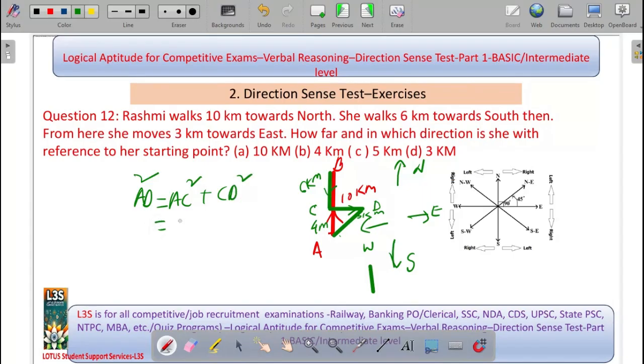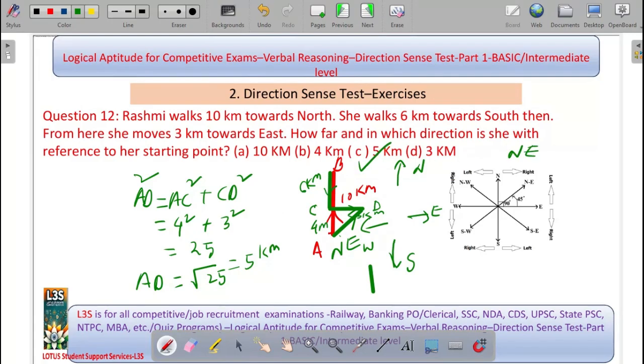So AD square equals 4 square plus 3 square, that is 25, and AD equals root over 25, which is 5 kilometer. And the direction of AD, if we see here, is NE, northeast direction. So the answer will be 5 kilometer and the direction will be northeast.